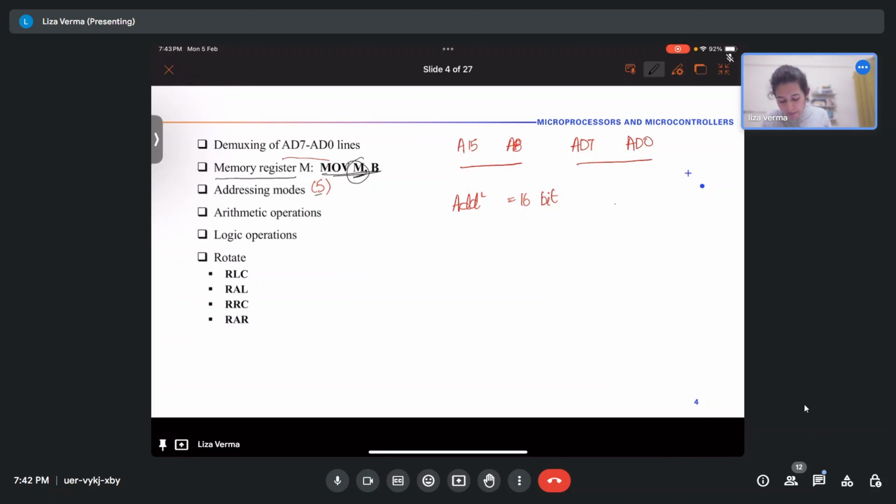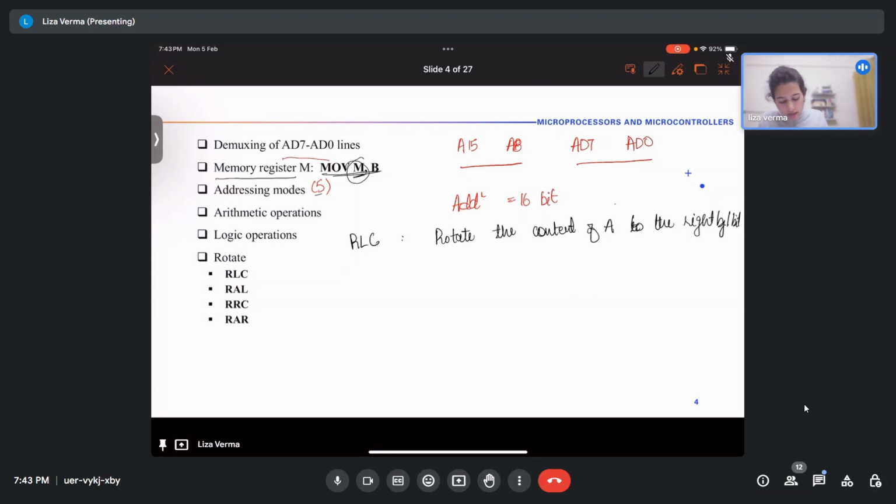So what does this mean? RLC, let's take first. RLC means to rotate the content of A to the right by 1 bit. Okay, so how does this work?